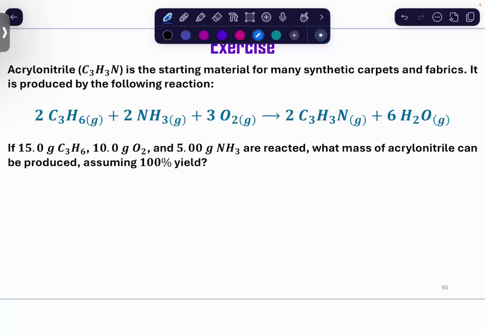So what this is asking for, oopsies, mass of acrylonitrile. All right, well, I'm going to have to do a stoichiometric calculation, so I am going to need molar masses from the periodic table.